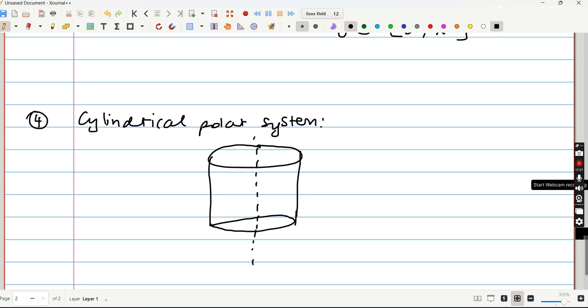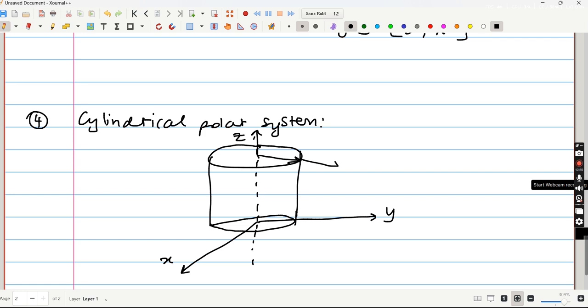So this is your x, y, z. An object can move like this, radially outward. So I can draw it here.